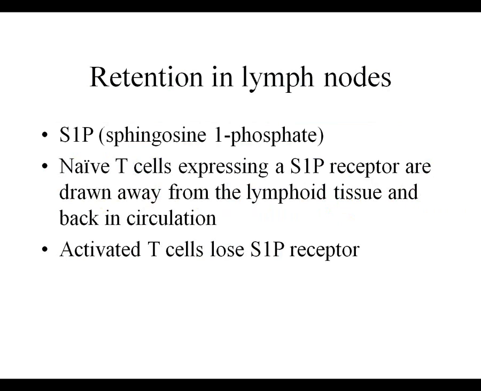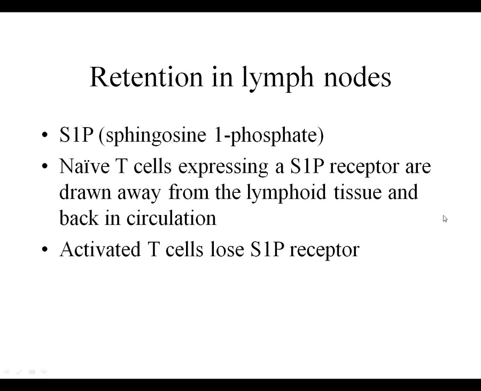So earlier I mentioned if a T lymphocyte samples around and is not activated, it doesn't see antigen specific for it, it goes back out, it exits the lymph node, goes back out through the lymph, and then eventually back into circulation. And one of the things that mediates this process is called S1P, sphingosine 1 phosphate.